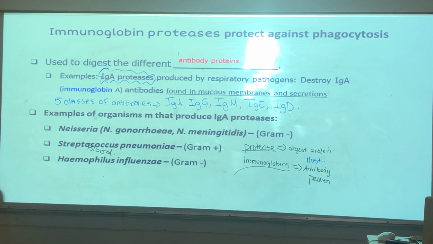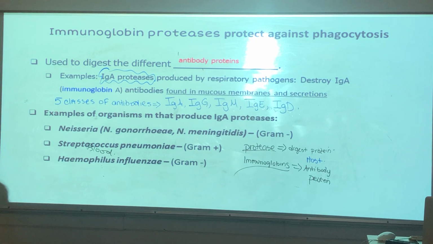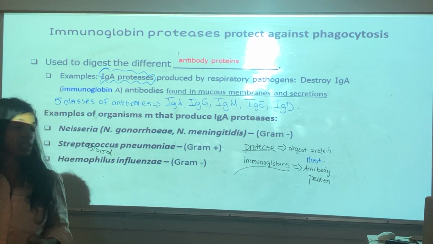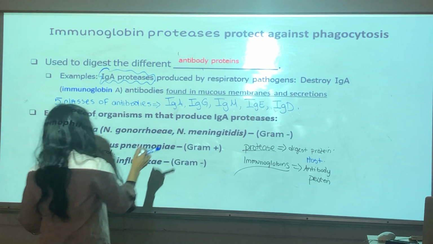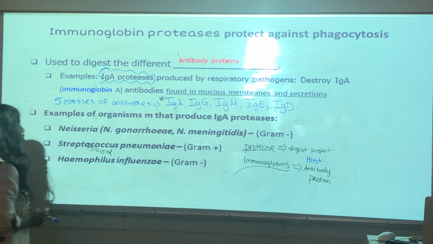That means that these bacteria can make different proteases to destroy the 5 different classes of antibodies set up by our body to protect us. In this case, we have the example of the IgA protease that is specifically going to target only one of the antibody proteins, and that's IgA.